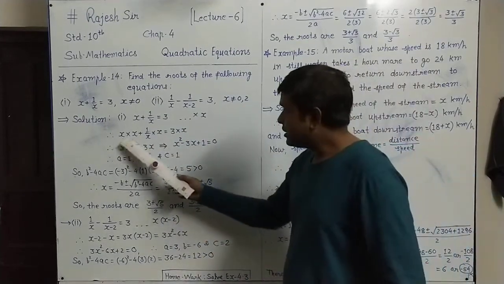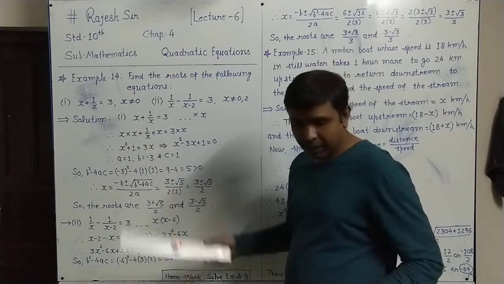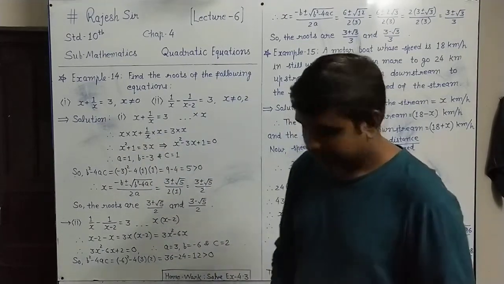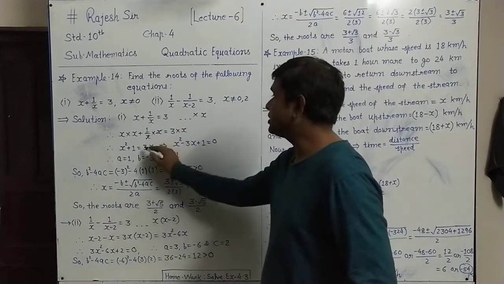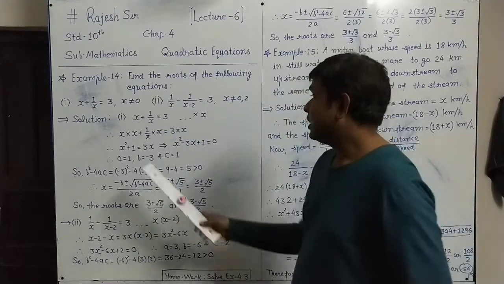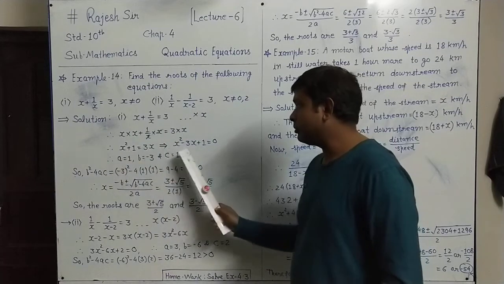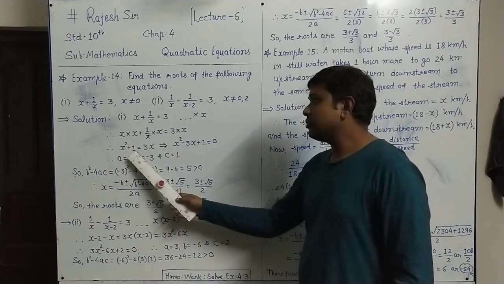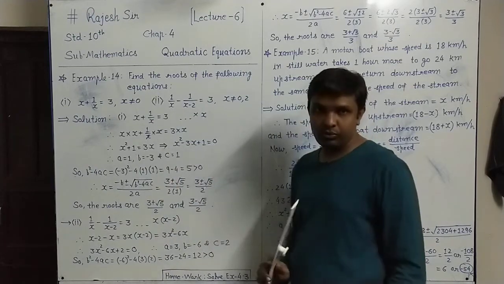So x into x gives x square, plus x up and down cancelled, so we have only 1, equals 3 into x, which is 3x. Then x square as it is, plus 1, and if I take 3x from the right side to the left side it will be minus 3x, equals 0.